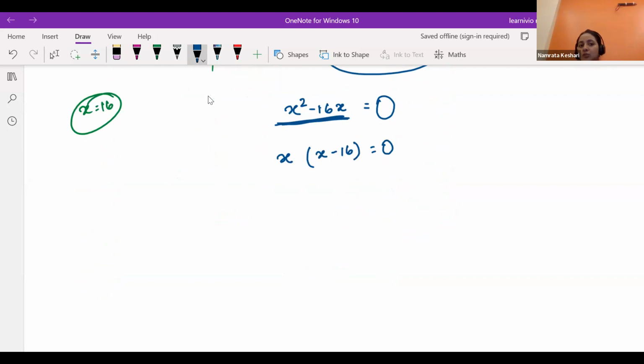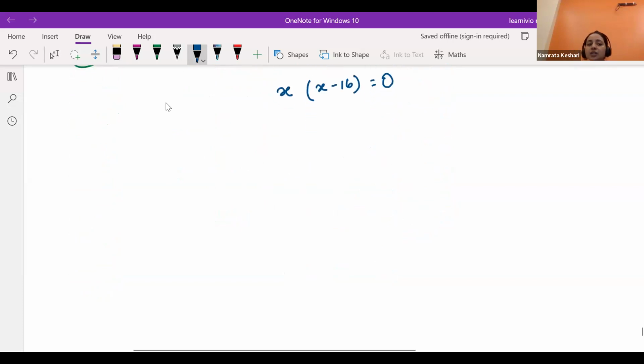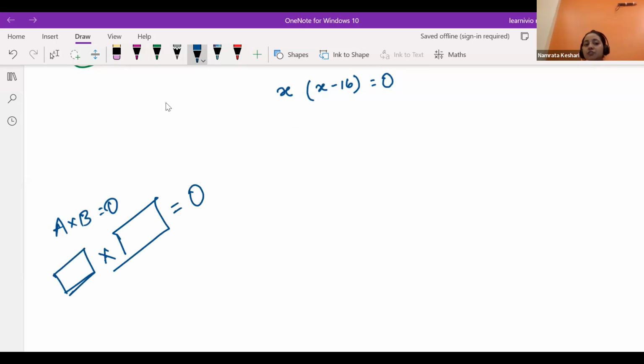Now here two scenarios are getting generated. In mathematics, whenever something into something, a into b, is equal to 0, or one blank space multiplied with the other blank space is equal to 0, logically the chances are, first we will talk about the possibility: either in the first box there is a 0, then only the result will be 0.